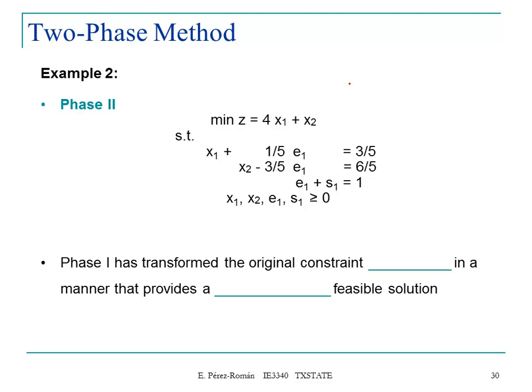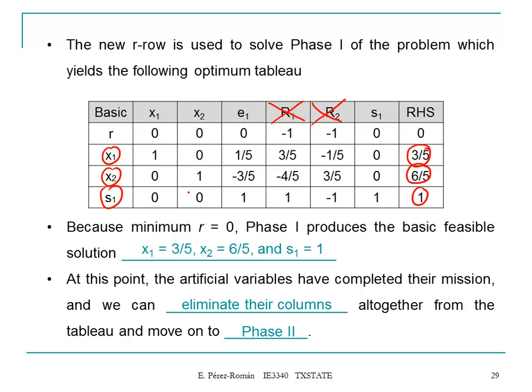Okay, so phase 2, we go back to our original objective function. So now we're going to have the minimization of 4x1 plus x2. That's our original objective function. We are no longer minimizing the summation of the artificial variables. But something that you need to notice now is that our constraints are not the original constraints. Our constraints are coming from this optimal tableau from phase 1.